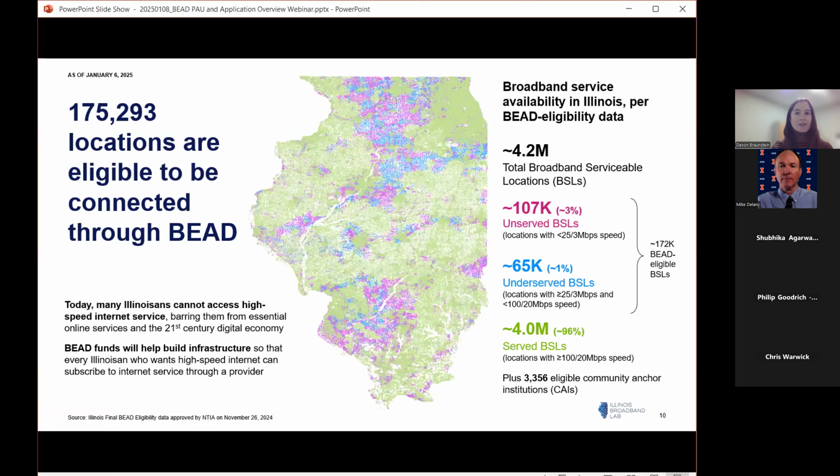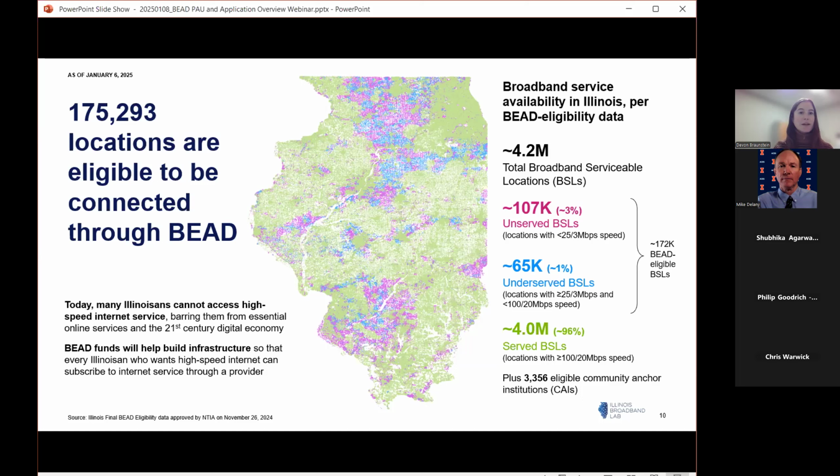And this slide shows the summary of where we landed following our NTIA approval and getting to this final data set. So we have more than 175,000 locations that are eligible to be connected through BEAD. This includes 172,000 BEAD eligible broadband serviceable locations, meaning homes and businesses, plus, as funding allows, 3,356 eligible community anchor institutions.